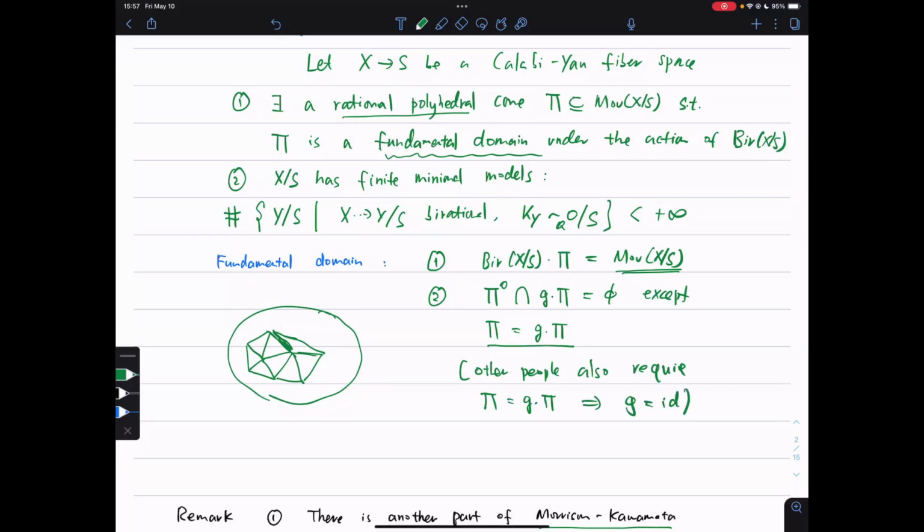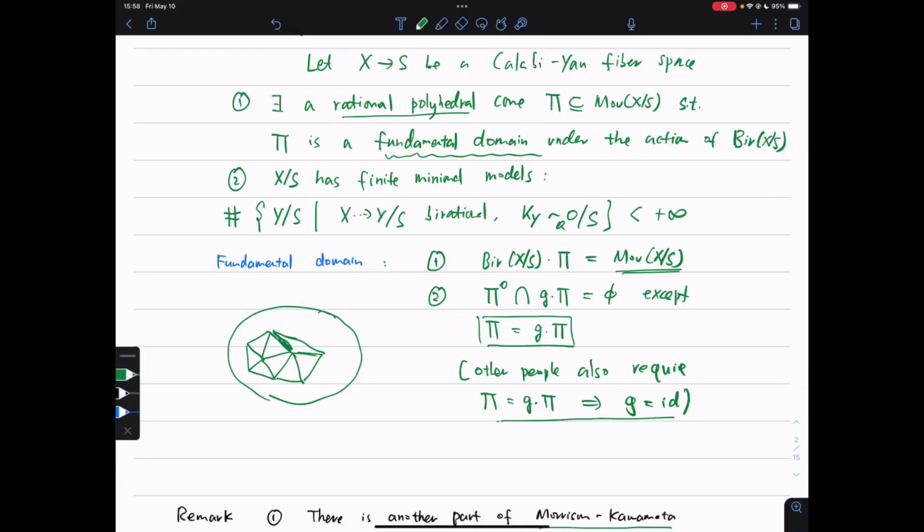But because I mod out the maximal vector space, I cannot make this requirement, because G could act non-trivially on this maximal vector space. But after I lift it up, although this condition is satisfied, G is not the identity.